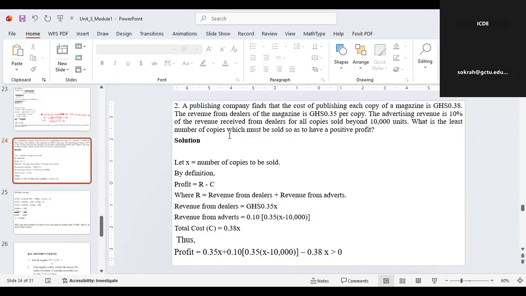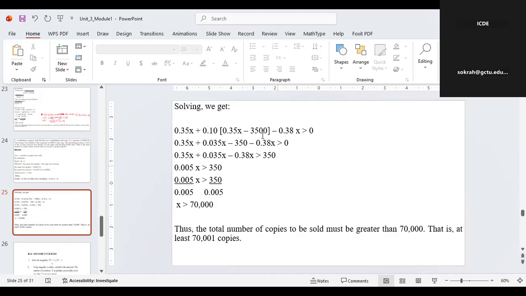Then you still have another bracket, so 0.10 will also multiply 0.35x, and that gives you this value here. The same 0.10 will multiply negative 3,500, and that gives you this value here. So now we have finished with the expansion, and we can continue. This value, we picked it from there. We didn't do anything about it.